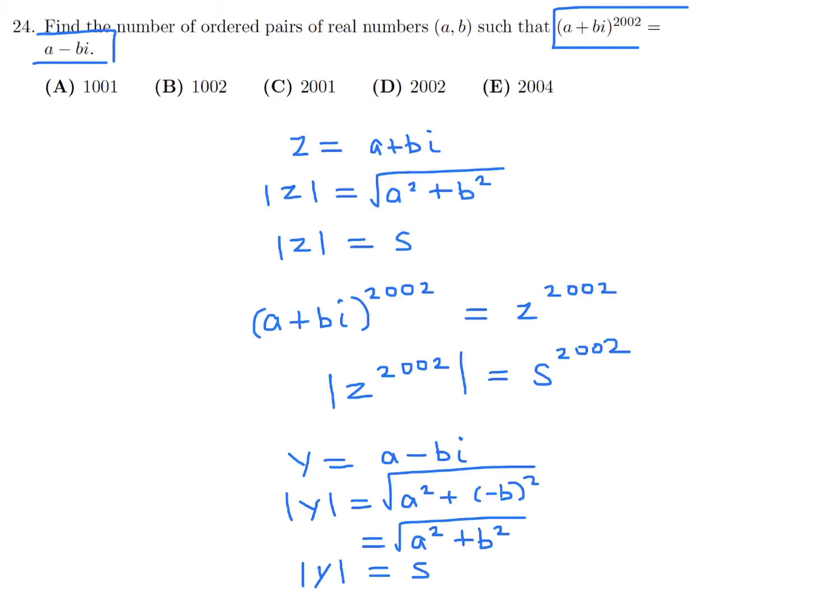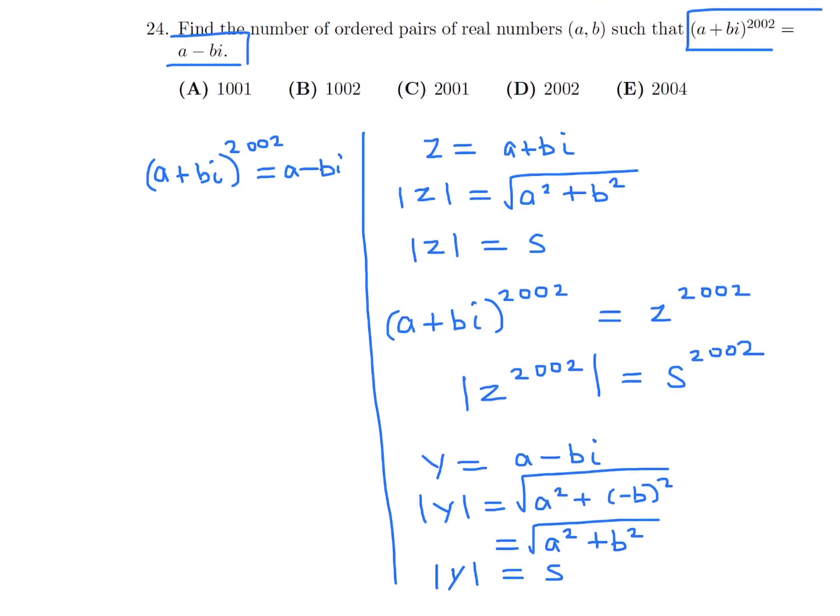So we have (a + bi)^2002 is equal to a - bi. Let's take the absolute value of both sides. So the absolute value of (a + bi)^2002 is equal to the absolute value of a - bi.